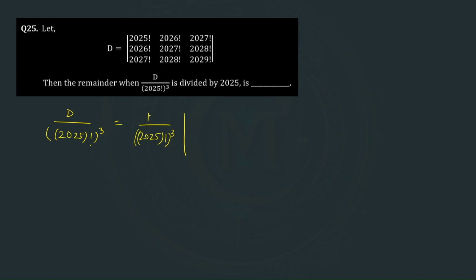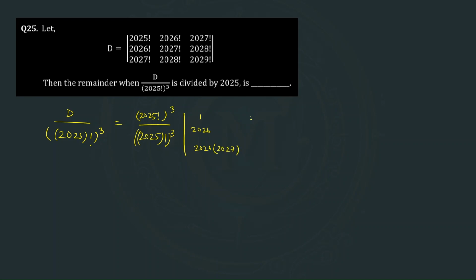Now in this determinant we can take out 2025 factorial from all the columns. So here it will be (2025 factorial) whole cube. Then inside this determinant there will be 1, then 2026, then 2026 times 2027.